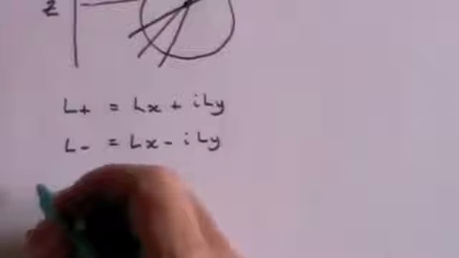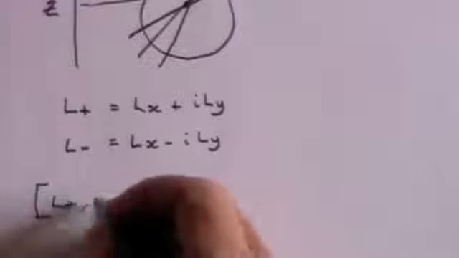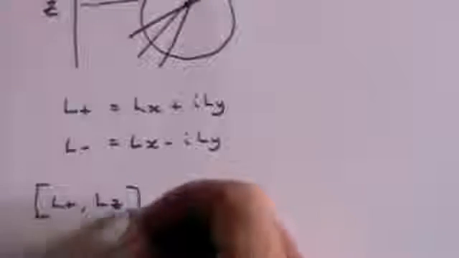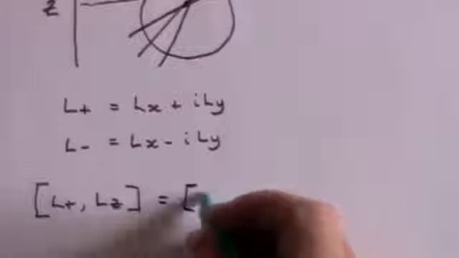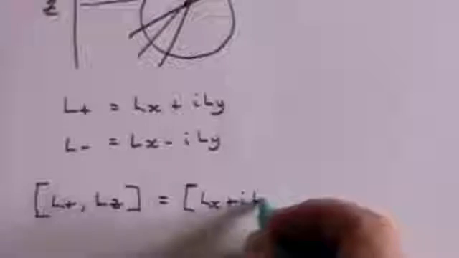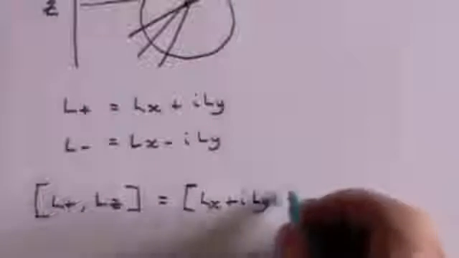The first thing I want to check is the commutator of L plus and Lz. This will tell me if I can measure L plus, whatever it is, and Lz at the same time. That is the same as the commutator of Lx plus iLy with Lz.